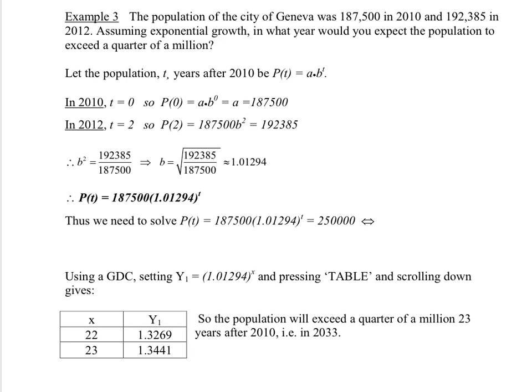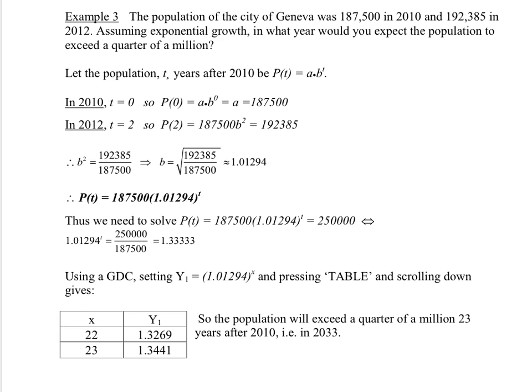Not particularly easy to do at this stage, because we haven't done what we call logarithms yet. But we can simplify that equation a little bit, so it becomes like this. What you can do to solve an equation that looks like this is put y1 equal to this thing here. So just do y1 equal to 1.01294 to the power of x.